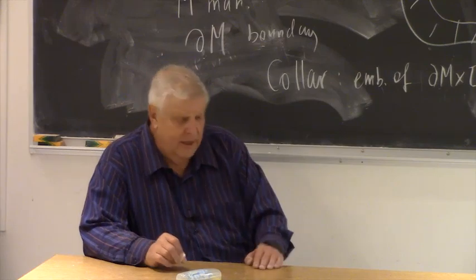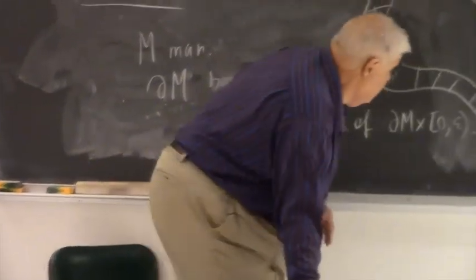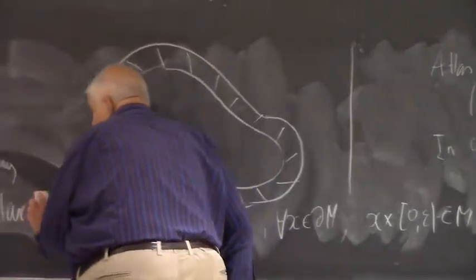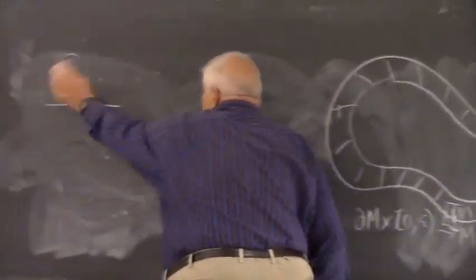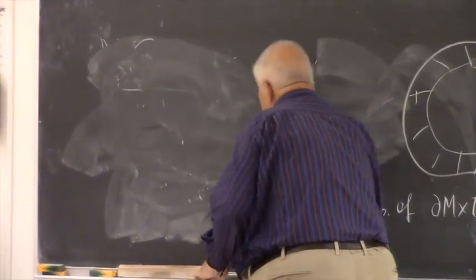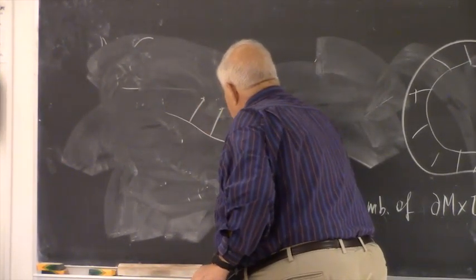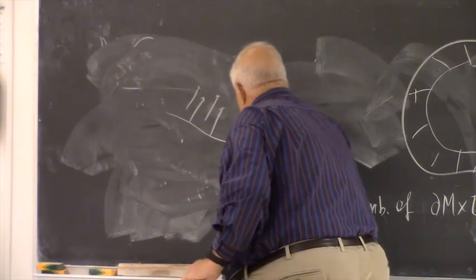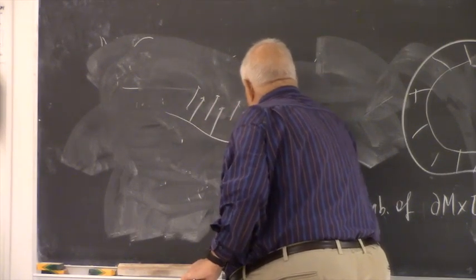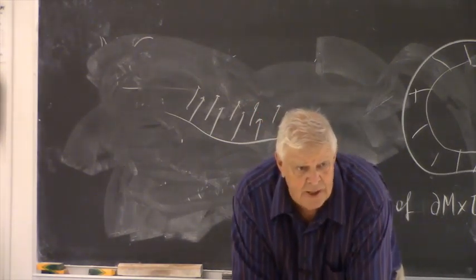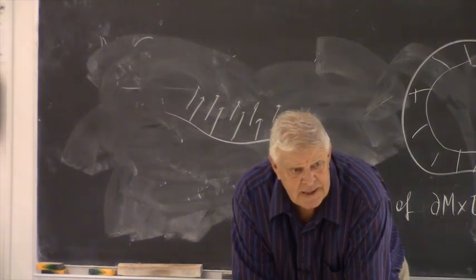What I do need is that in a neighborhood of the boundary, this vector field is directed inside the manifold, because the coordinate xn decreases.